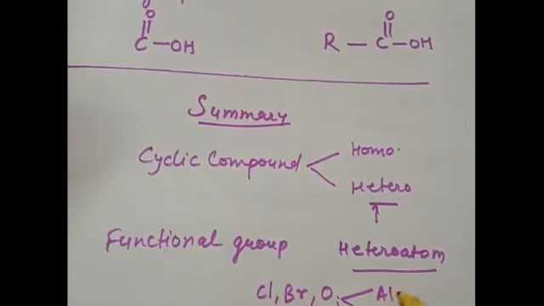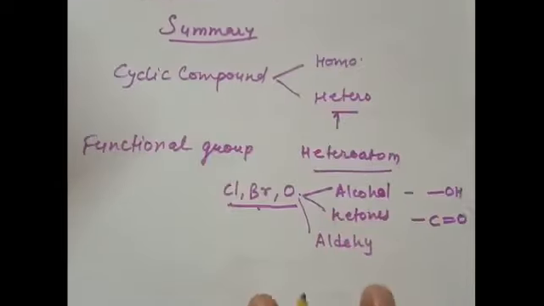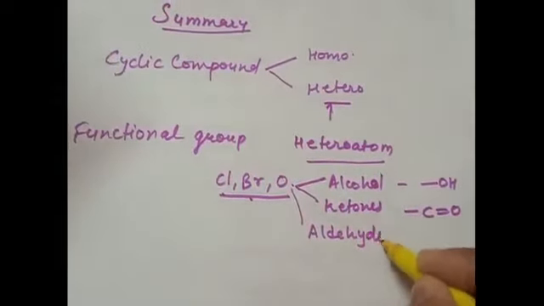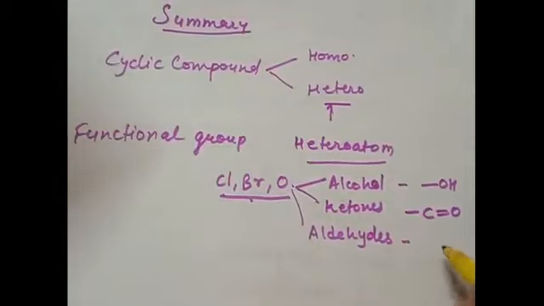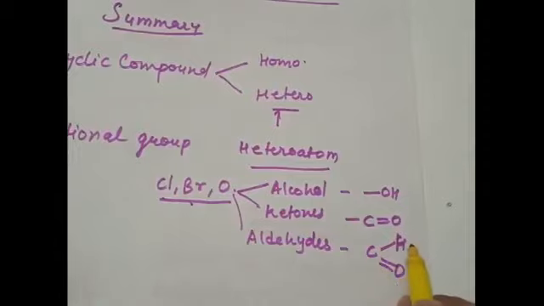It can be alcohols, which have an OH group. Then we have ketones, which have a C double bond O. Then we have aldehydes. Aldehyde is CHO, with the C double bond O and H.